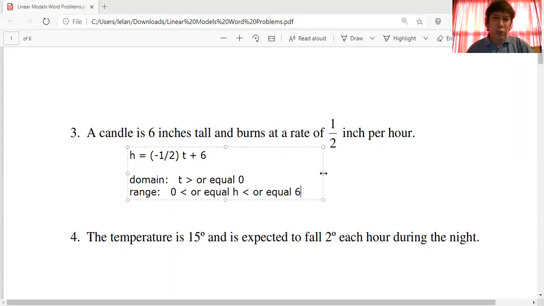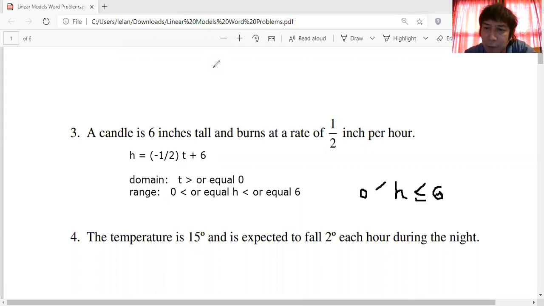Now to write it in symbols, I hope I don't erase it. Let's see if my pointer works today. The range is actually just like 0, and then you have the h in between there, and you have the 6 here. That explains everything.